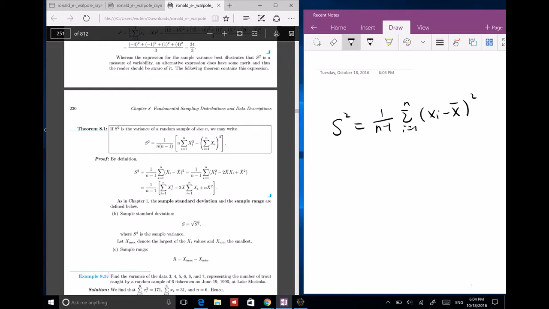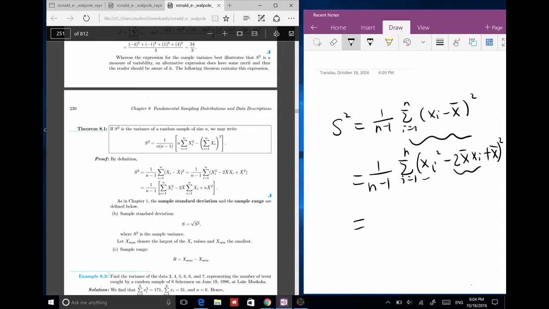So you FOIL this one, you're going to have 1 over n minus 1 and add all the xi squared minus 2 x bar xi plus x bar squared.